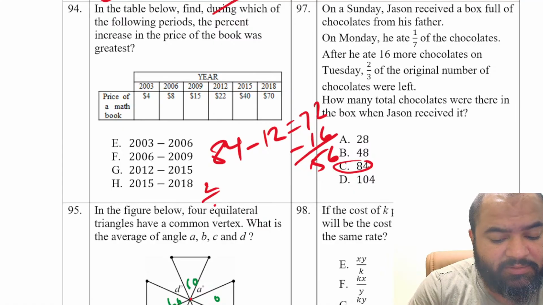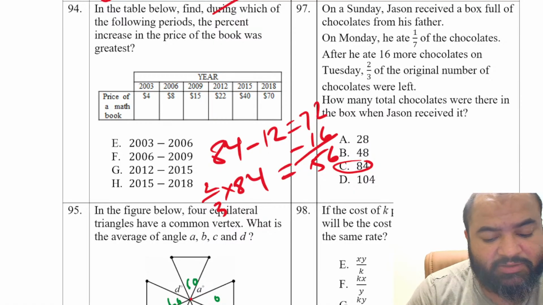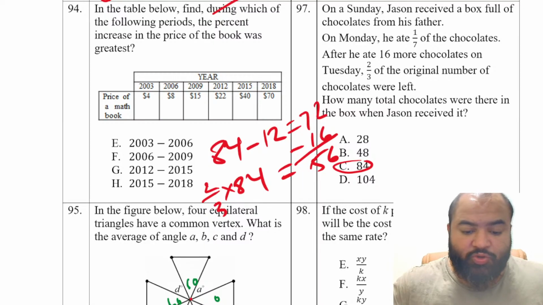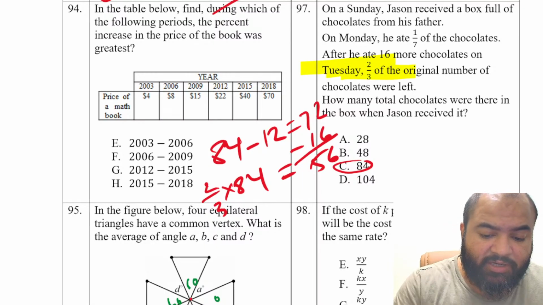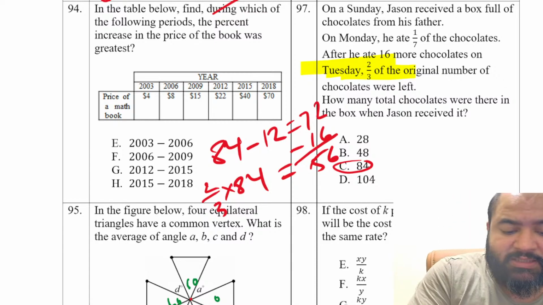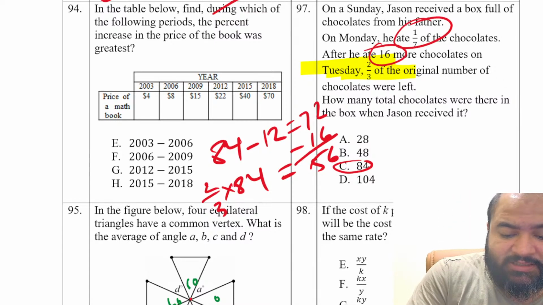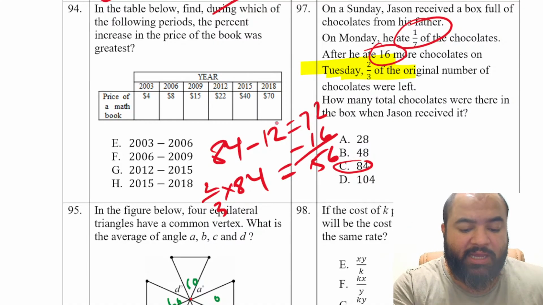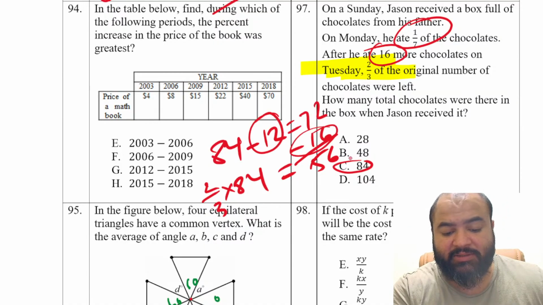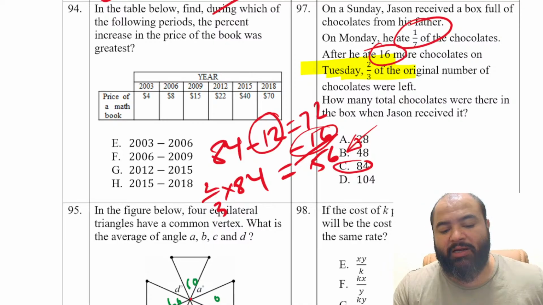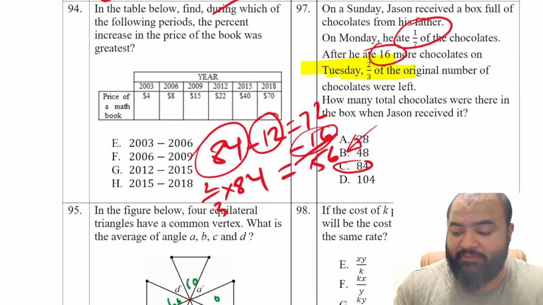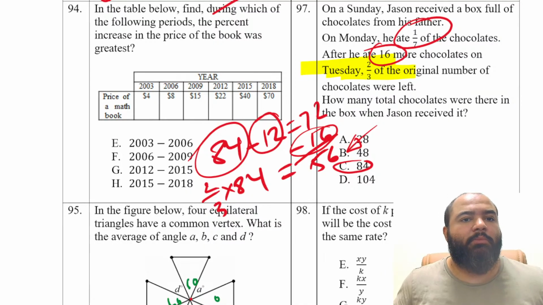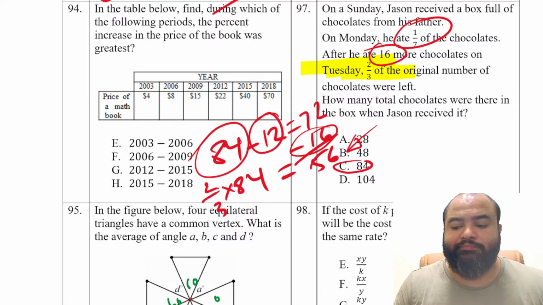So 2/3 of the 84 was 56 as well, so it works. 2/3, I got it from the question. Here it says he ate 1/7 first and then 16. Whatever the remaining, it has to be 2/3 of the original. So he ate 1/7, which is 12, and then 16. So remaining was 56. We want it to be 2/3 of the original, which is 84. You guys understanding?